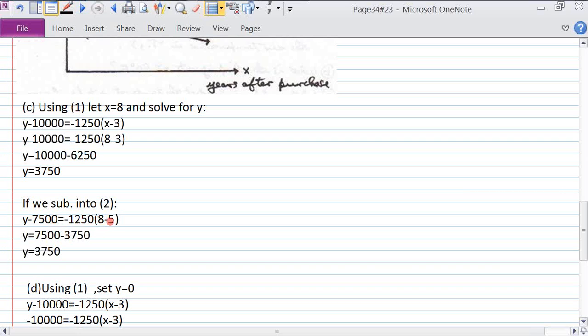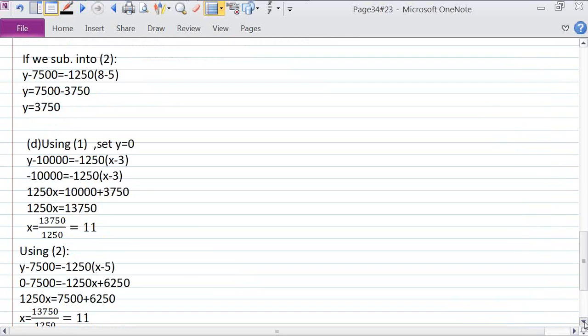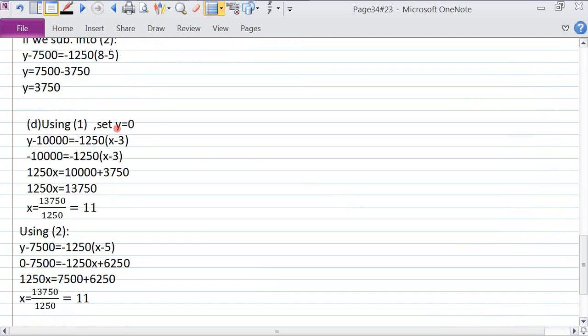Minus, this 8 minus 5 is 3, so we get minus 3750. 7,500 minus 3750 gives us 3750. Same value. So whether we use equation 1 or equation 2, the value of the car after 8 years is $3,750.